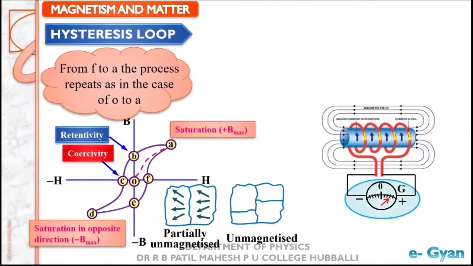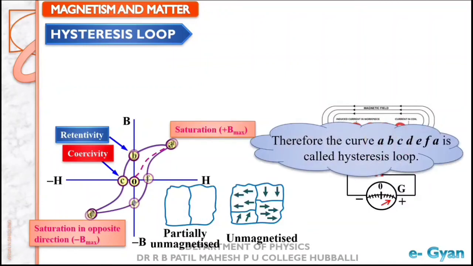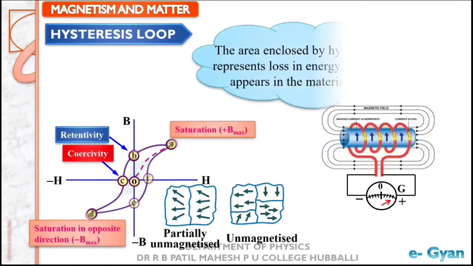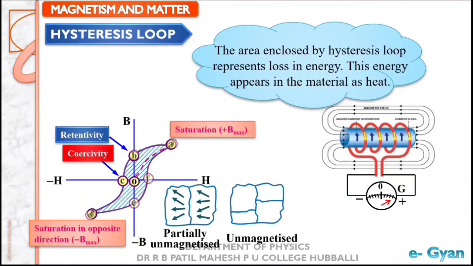From F to A, the process repeats as it happened in the case of O to A. Therefore, the curve ABCDEFA is the hysteresis loop, and the area enclosed by this hysteresis loop represents the loss in energy.